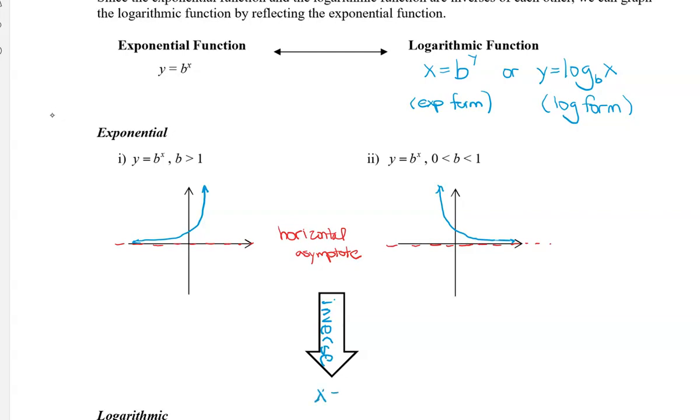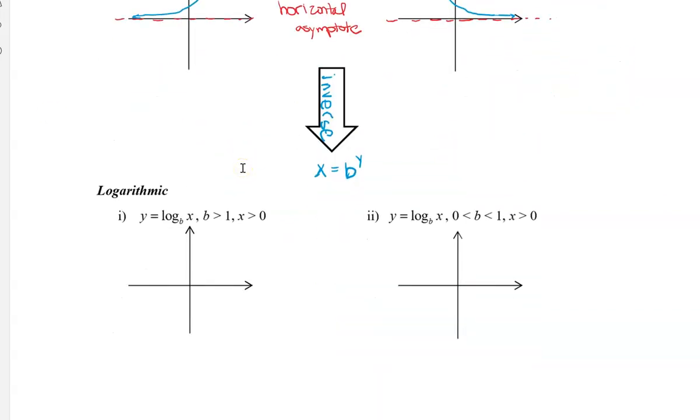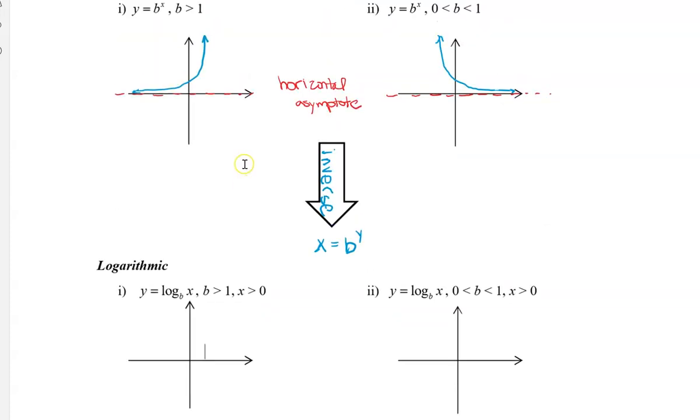Which is x equals b to the y. I would reflect the graphs over the line y equals x. So I'm actually going to draw it in here. Actually, let's draw it in on this top part so you can see what that looks like.